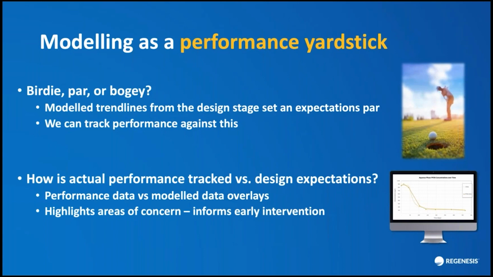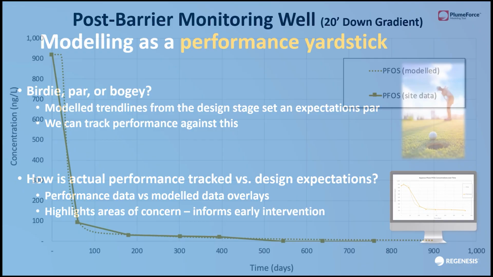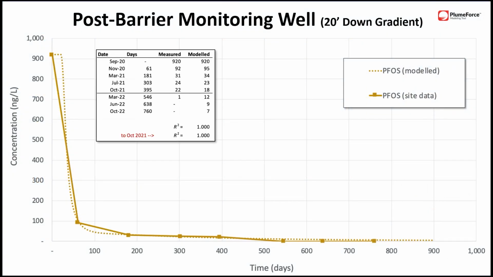Highlighting areas of concern and gaining insight into the cause informs an appropriate course of any necessary intervention and corrective action. And it is in fact a formal component of the commissioning of PFAS barriers that REGENESIS guarantees under our Plume Shield warranty.